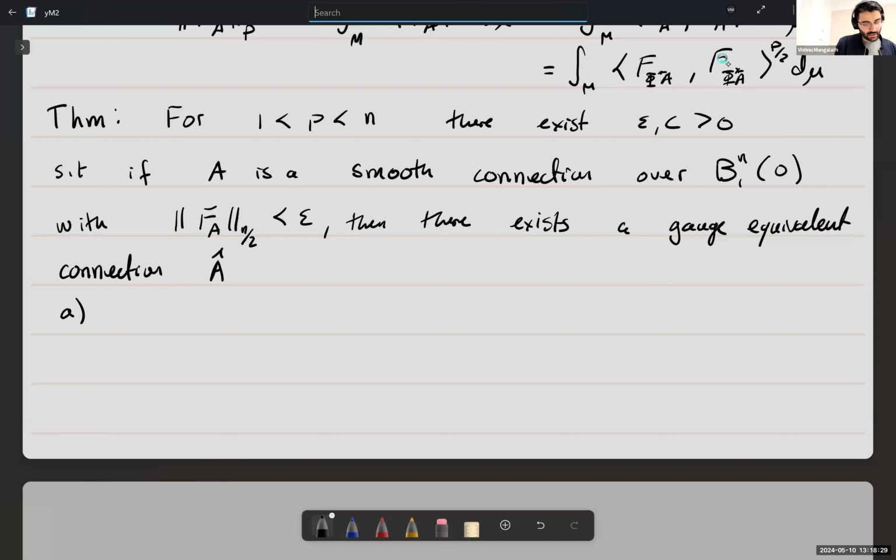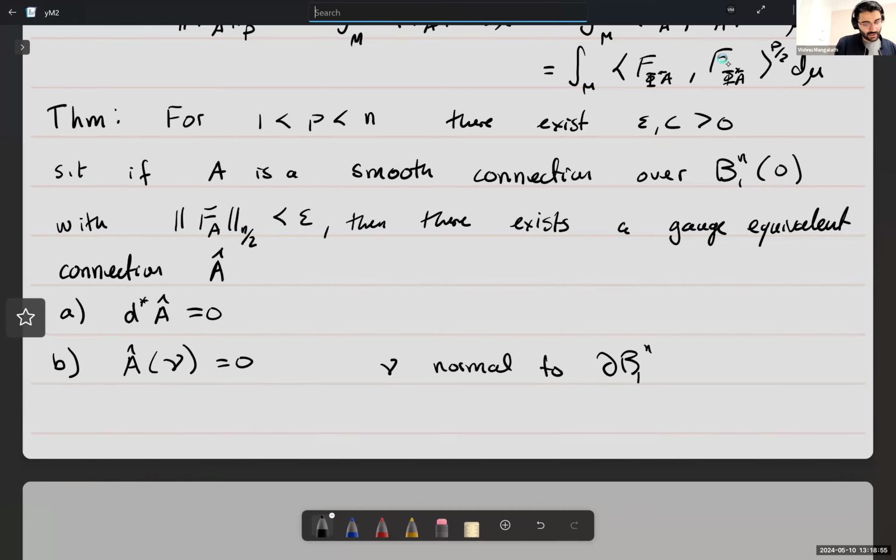So A, well, it's in this gauge, the Coulomb gauge. Its normal derivative, its contraction with the normal vector to the boundary of the ball, equals 0. And it has this property that we were looking for.